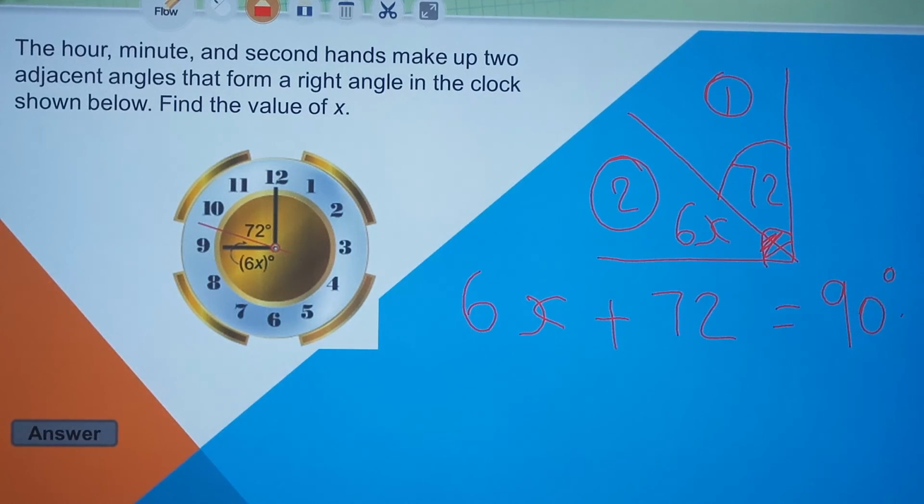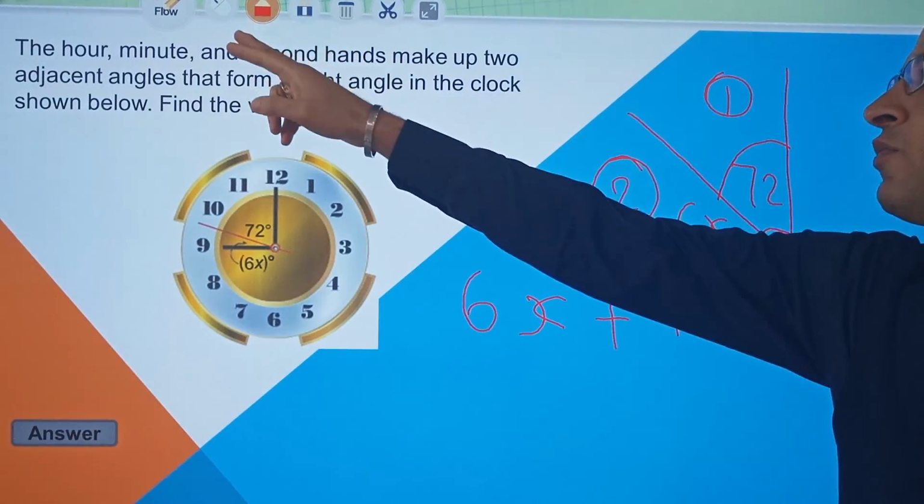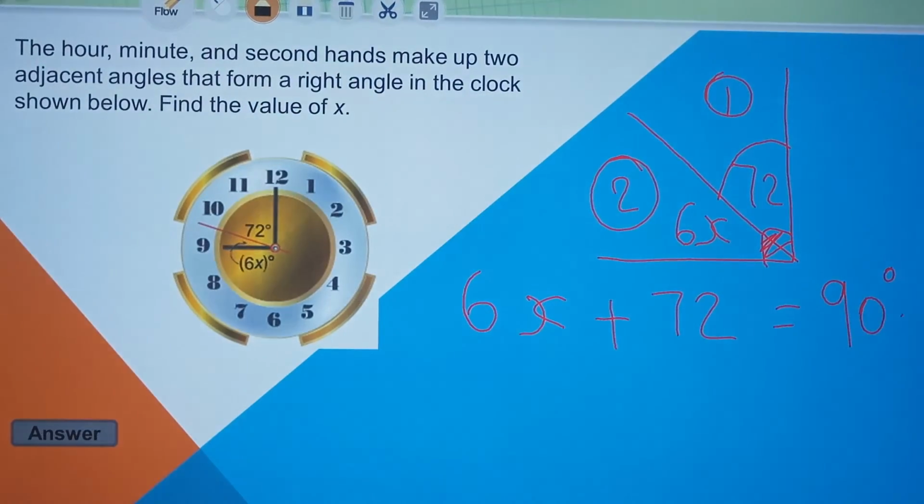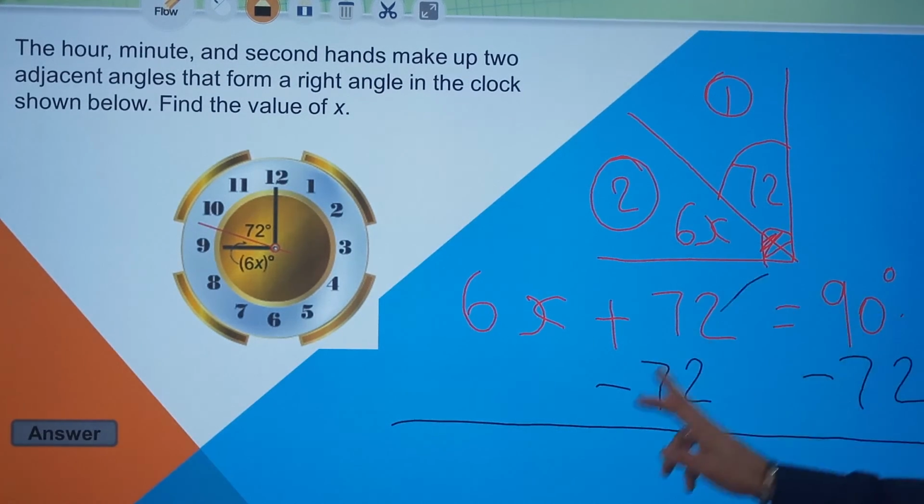First step, I form the equation. How? I made 6x plus 72 is equal to 90. After that, what will we make? Look with me carefully, please. I will make minus 72 on both sides, so we'll subtract 72 from both. They are the same, so we will cancel this with this. I have here what now?